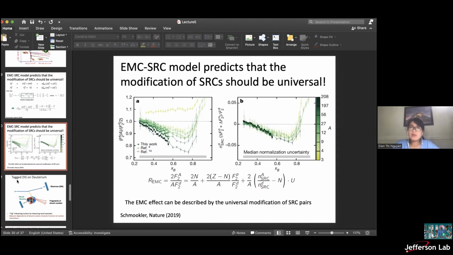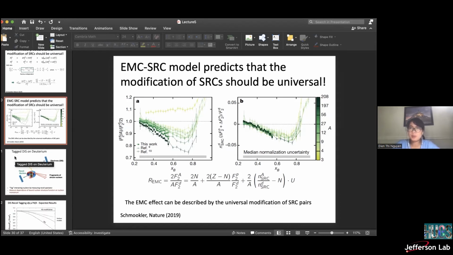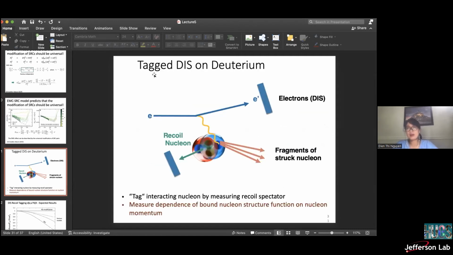So we have a very comprehensive experimental program at JLab to test the EMC SRC connection further. In that program, we are using a different type of measurement: tagged DIS on the deuteron. The tagged measurement is different from what we have discussed so far.